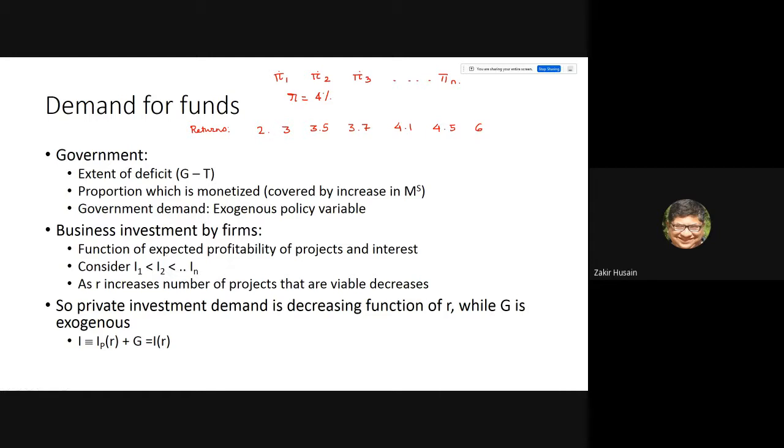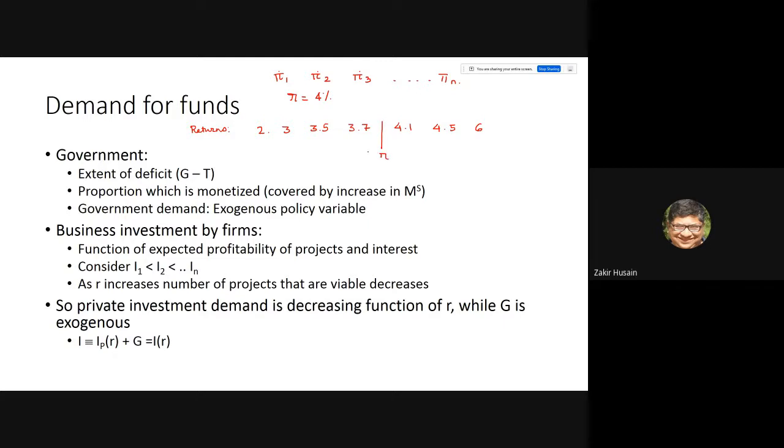So is the first project feasible? No, sir. Acha, the second project? No, sir. Acha. So which project onwards will be feasible? 4.1. The fifth project onwards, the 4.1, 4.5. So 4.1 onwards will be feasible. Right.